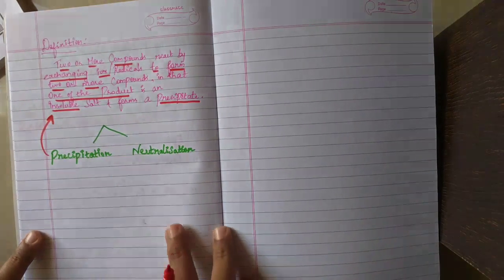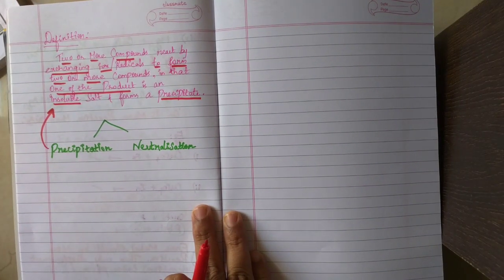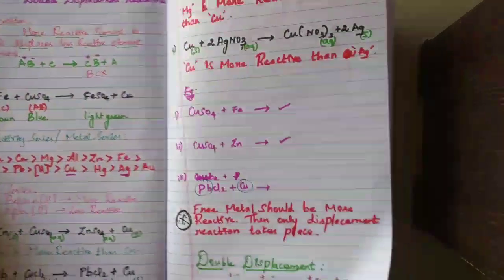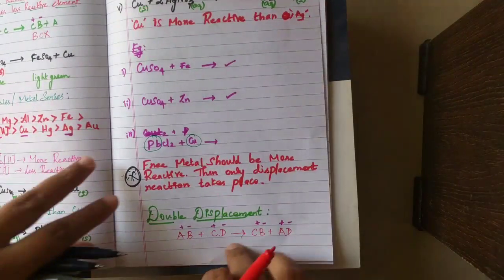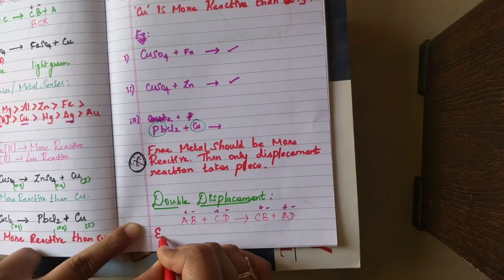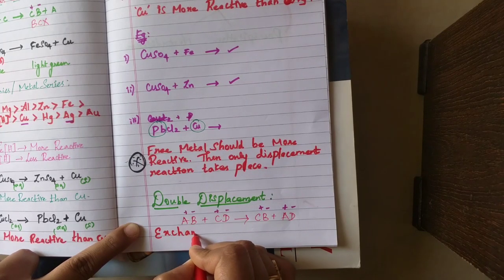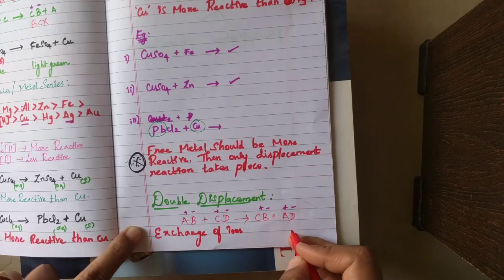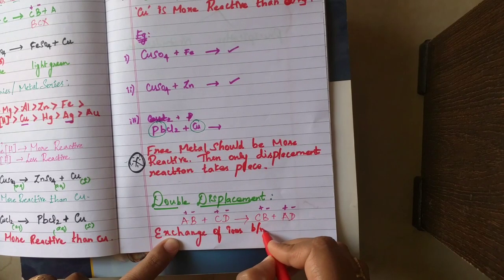Clear, students? So in double displacement reaction, what happens? Exchange of ions between two compounds. So see here. Here I am writing exchange of ions between two compounds.